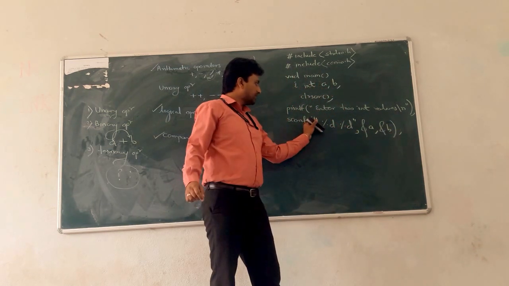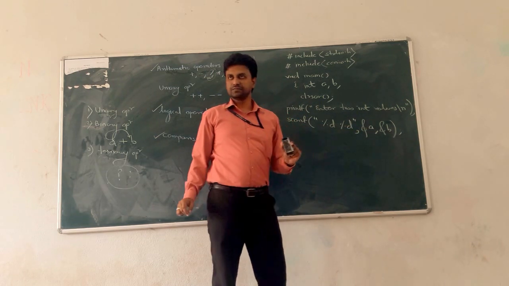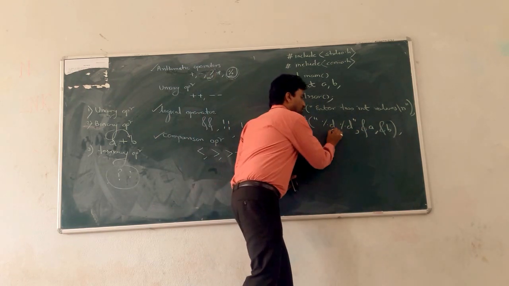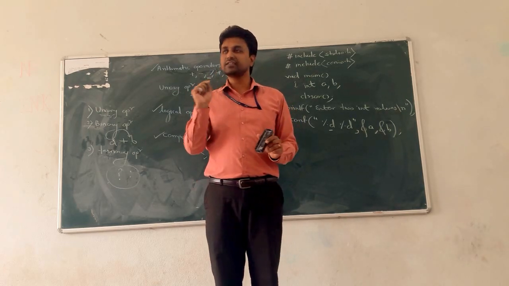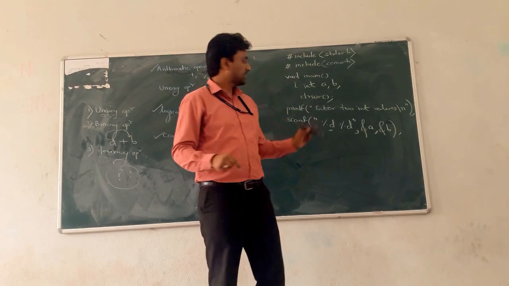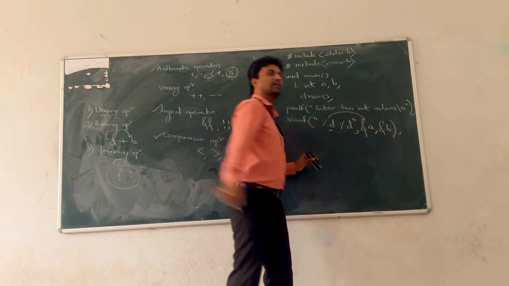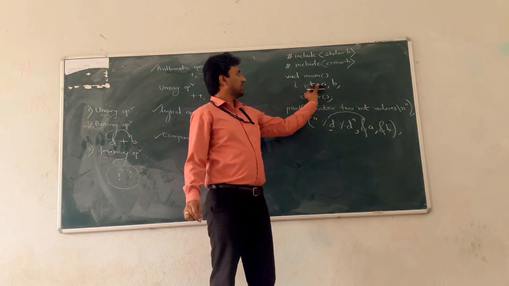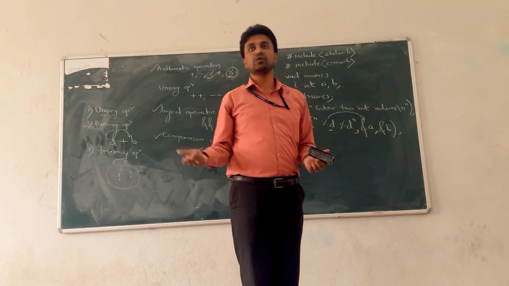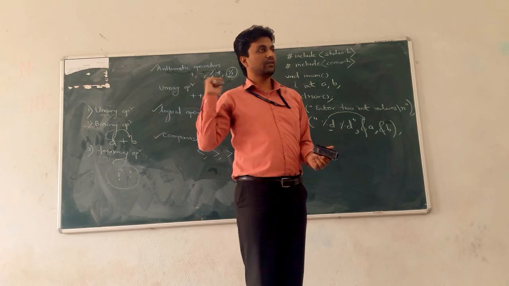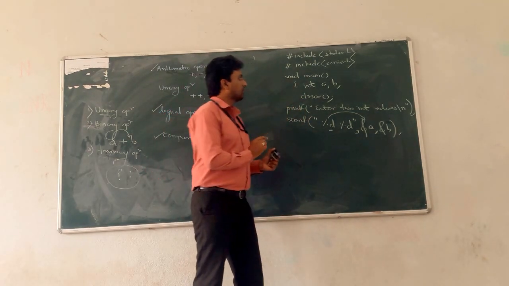So for the first %d the cursor is blinking. When you enter some value and press enter, that value is stored in the address of a and b. These variables have already got memory locations in your RAM or primary memory. Clear?